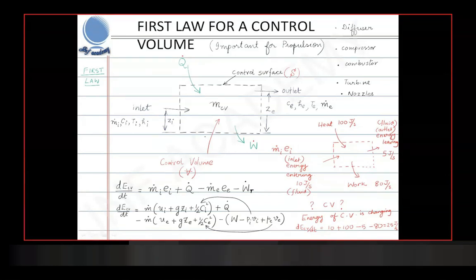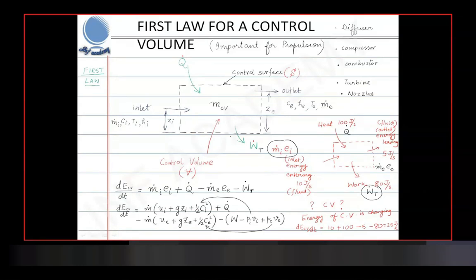Yes, sir. This is m dot i into ei, and this is m dot e into ee. This is your Q dot, and this is your W dot T, the total work transfer. Okay. One small thing that we do is we are breaking the work. The total work on the control surface is being broken into parts.